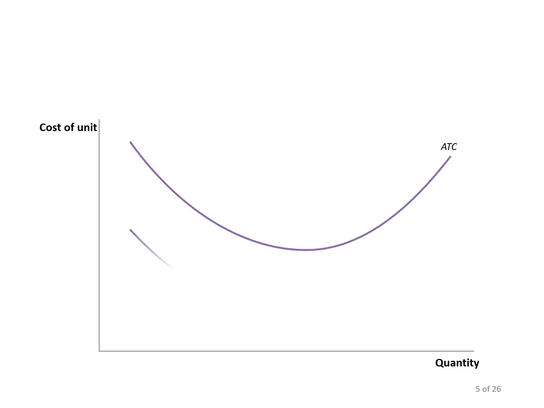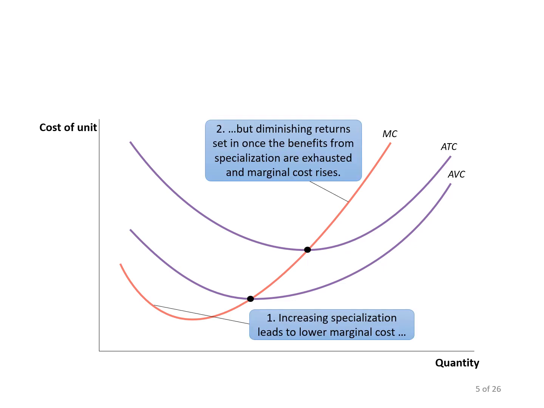So the pattern that we would tend to see is that at the start of the marginal cost curve, we have increasing specialization, which leads to lower marginal costs. So each additional unit is costing less per unit, right?